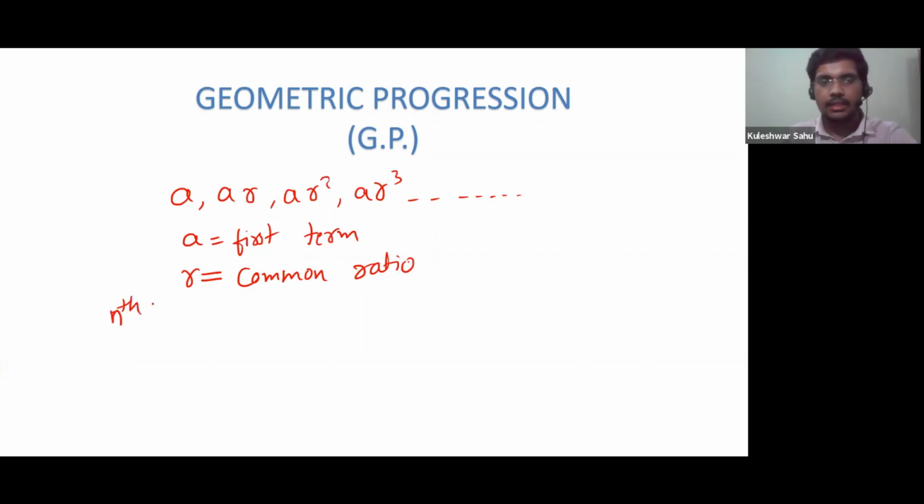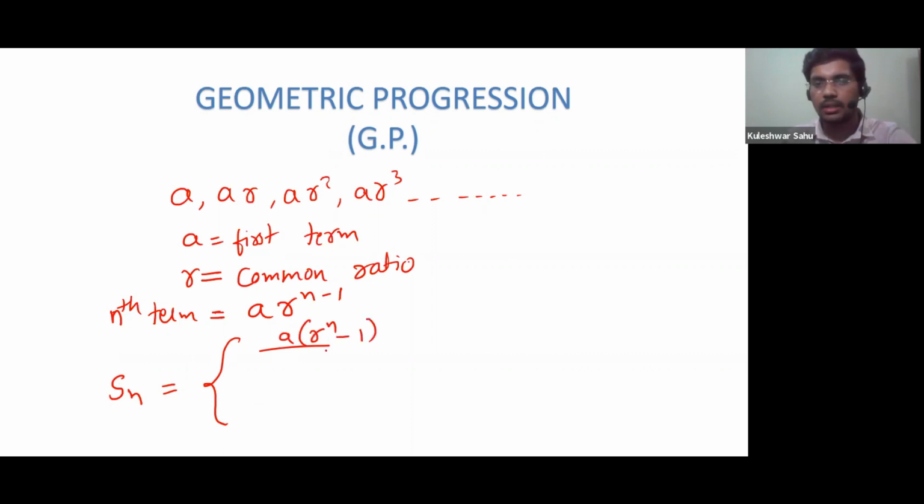Nth term in geometric progression is equal to ar to the power n minus 1. When I talk about sum Sn in geometric progression, I actually have three formulas. First formula is a (r^n - 1)/(r - 1).